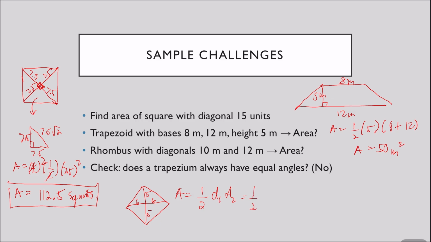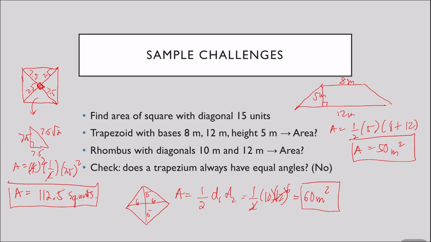So it will be 1/2 times 10 times 12. We can just simply cancel this out. It becomes 6 times 10, it's 60 square meters. That's our answer for bullet number 3.